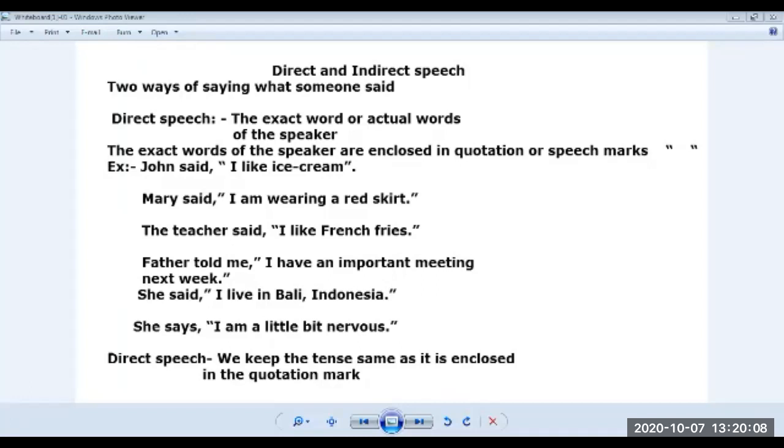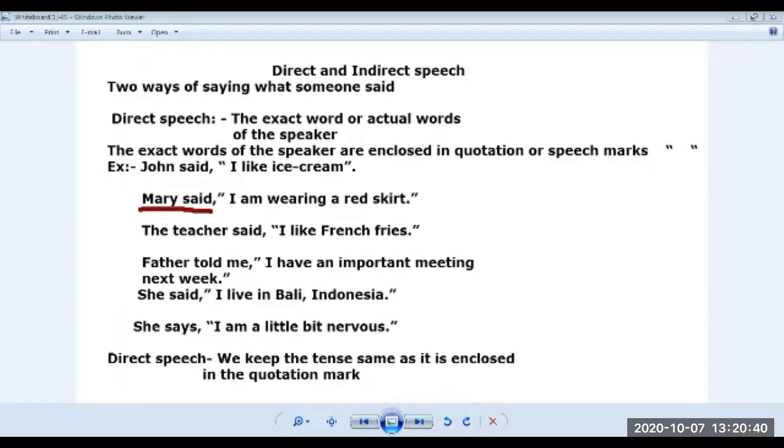Yes. Okay. Now, before I go ahead, I want to clarify one important thing which you need to make a note of. You will see that sometimes the sentence says that Mary said, "I am wearing a red skirt." Here, the part which is not inside the quotation marks comes in the beginning of the sentence. If this part comes in the beginning of the sentence, then we put a comma outside the quotation mark.